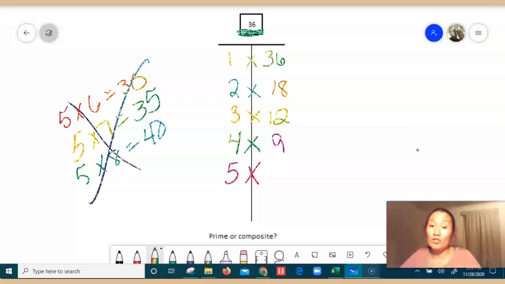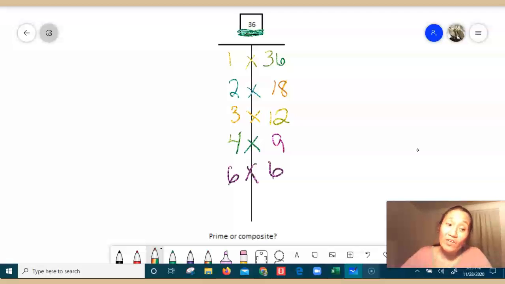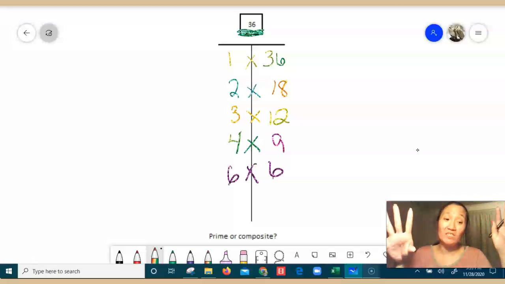Nope, 5 will not work, okay? 6 will work, because 6 times 6 is 36. Now, once you've hit a double like that, you can stop. Because once you hit a double, you've found all the factor pairs that you will ever need to find. You're done.